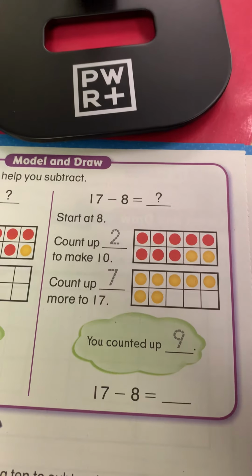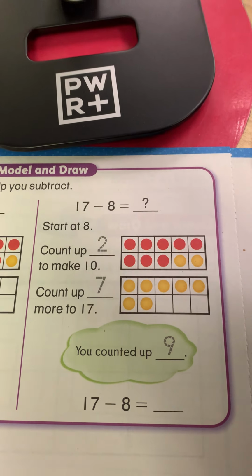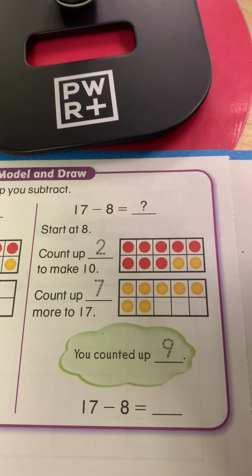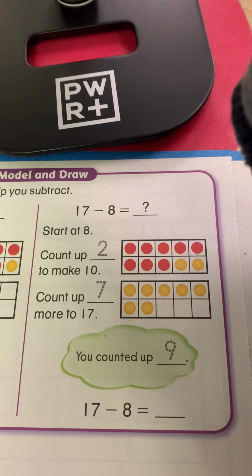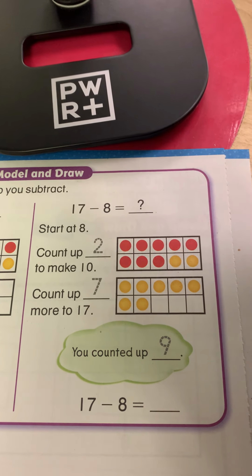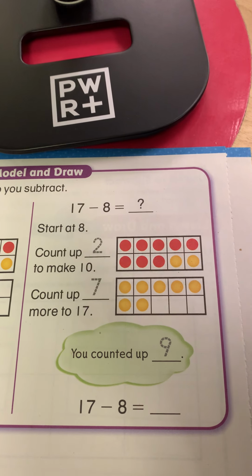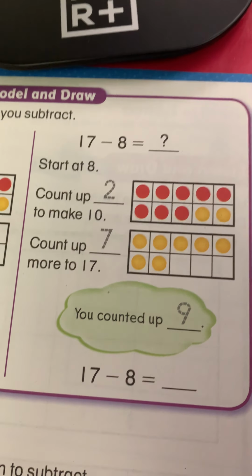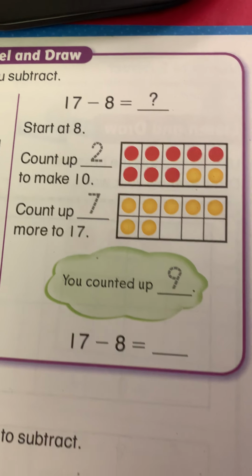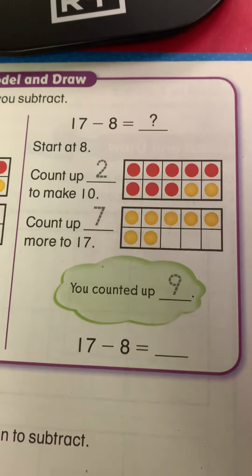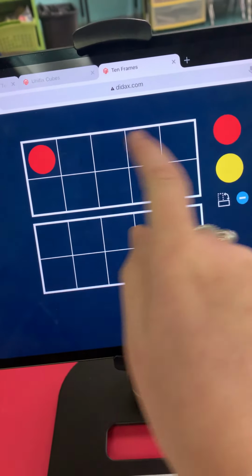Okay. Let's look at our next one. We have 17 minus 8. So on these, you're going to put the smallest number in the 10 frame with red, and then you're going to count up to the highest number with your yellow. So this one's 17 minus 8. So we're going to put the 8 in the 10 frame because you put your smallest number.